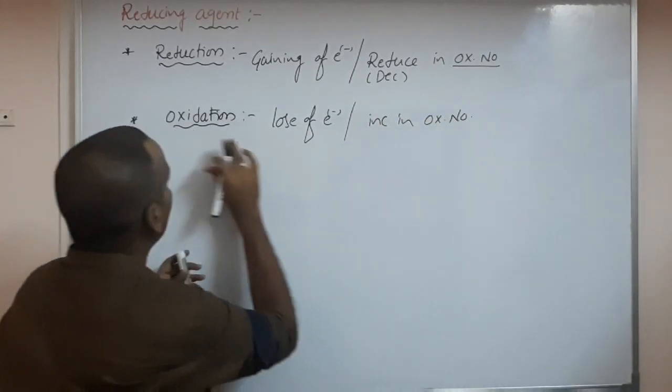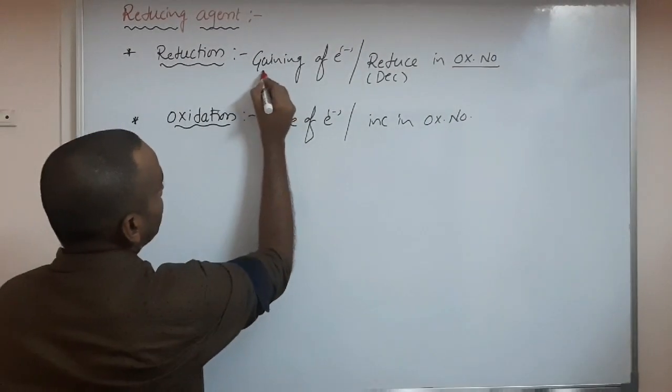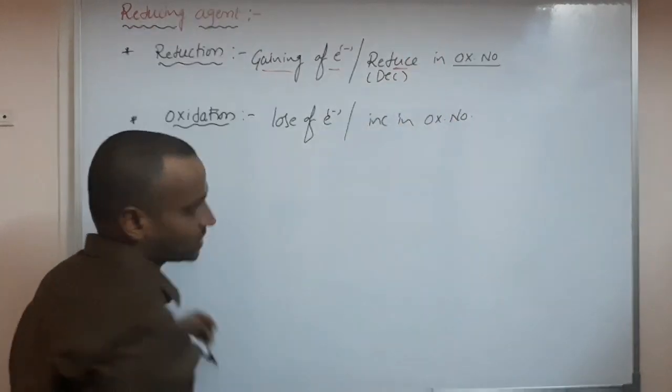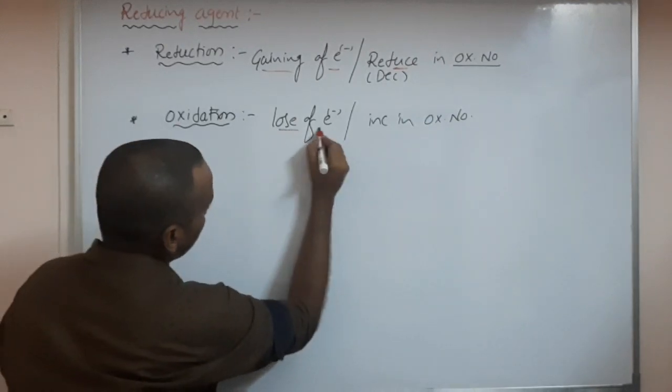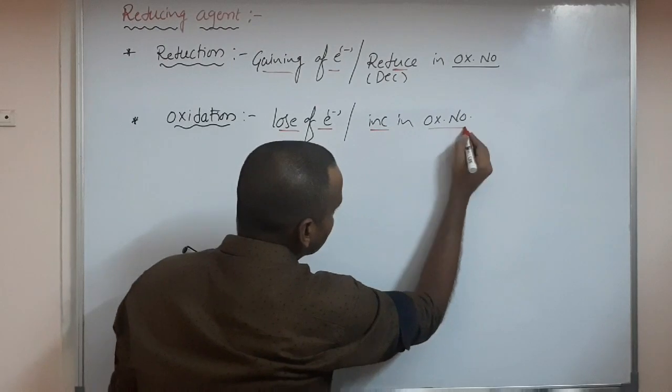That is what we call oxidation. So reduction means gain of electrons and decrease in oxidation state, and oxidation means loss of electrons or increase in oxidation number.